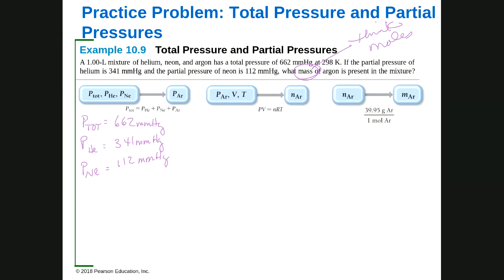And I don't know the partial pressure of argon, right? What I do know is that the total pressure is going to be equal to the sum of the partial pressures: the partial pressure of helium plus neon plus argon, right?